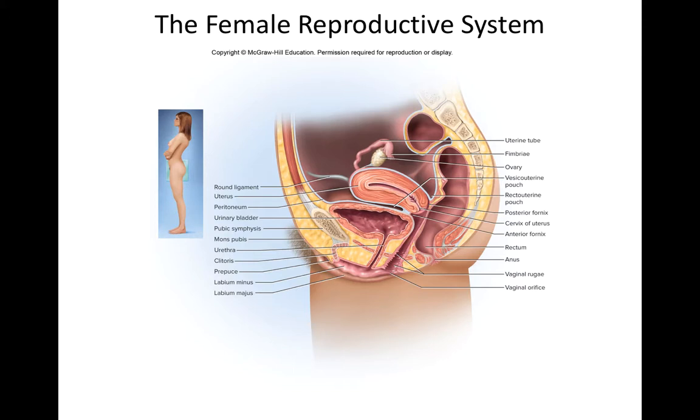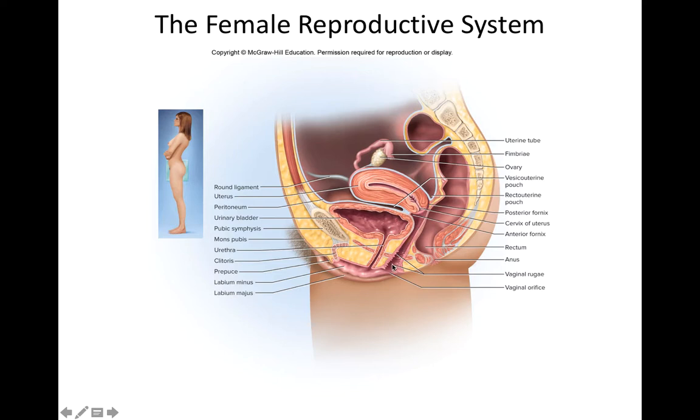So if we take the same pathway that we did in the male, we would start in the primary sex organ, which would be the ovary. This is where we're going to release the ova from the eggs, and then we're going to move into the uterine tube, which then leads into the uterus. The opening of the uterus is the cervix.